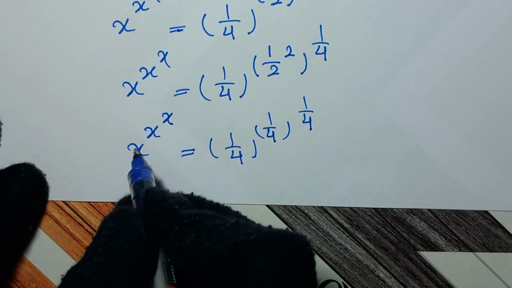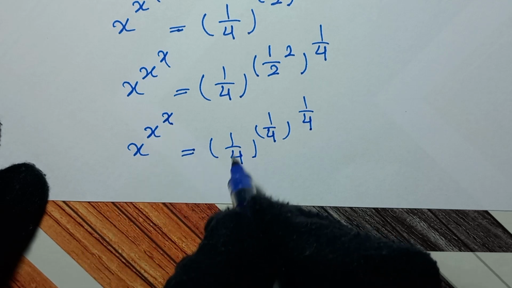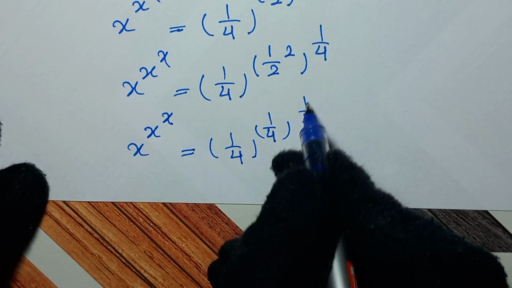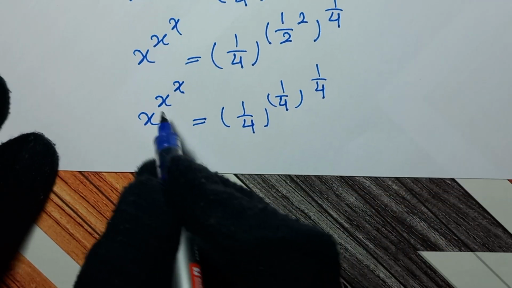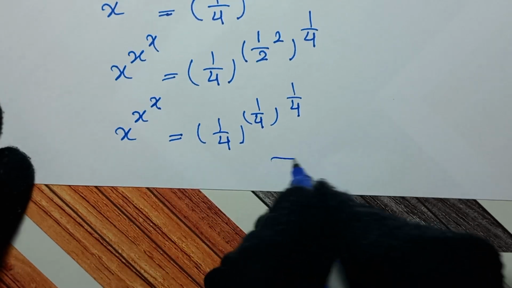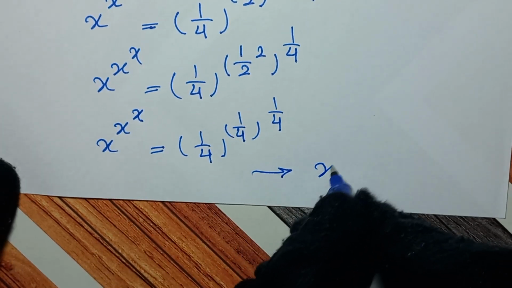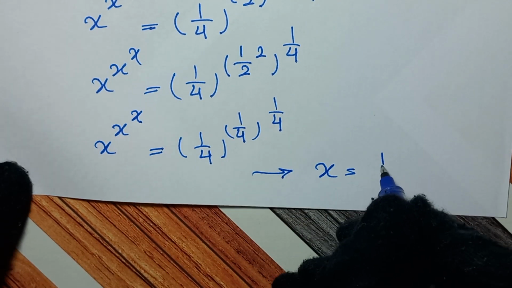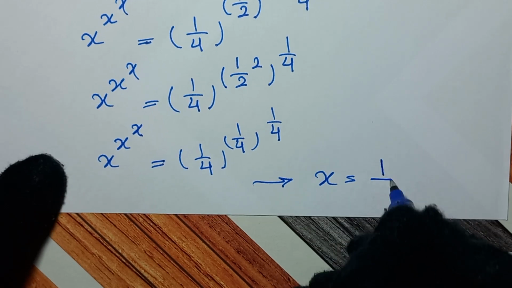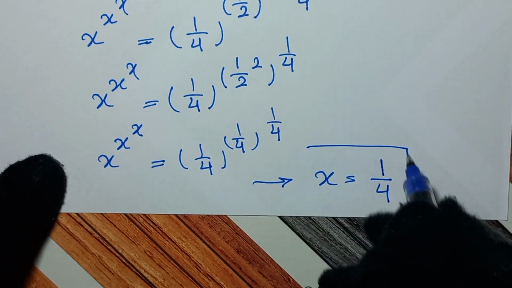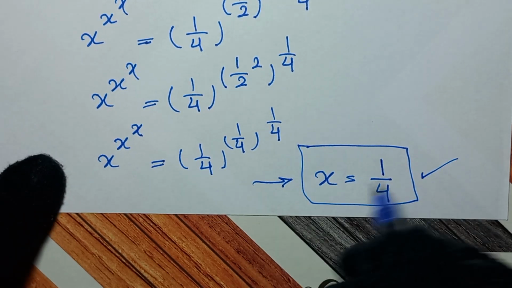So x to the power of x to the power of x is equal to 1 over 4 to the power of 1 over 4 to the power of 1 over 4. By comparing both sides of this equation, we write x is equal to 1 over 4. And this is our final answer.